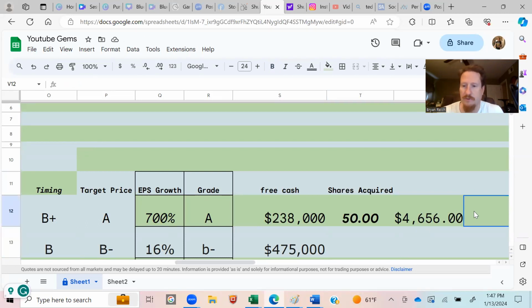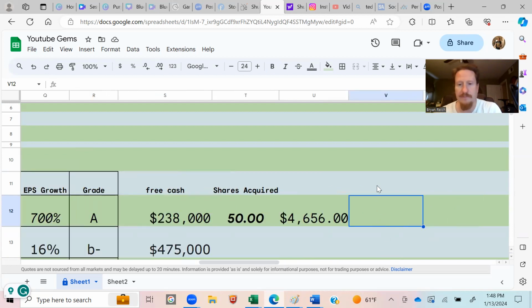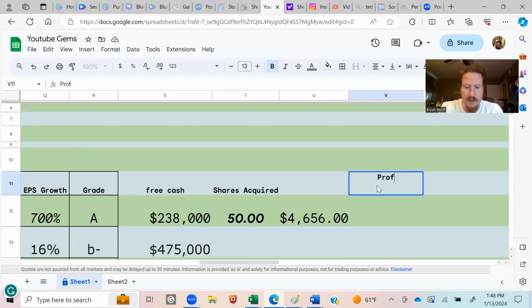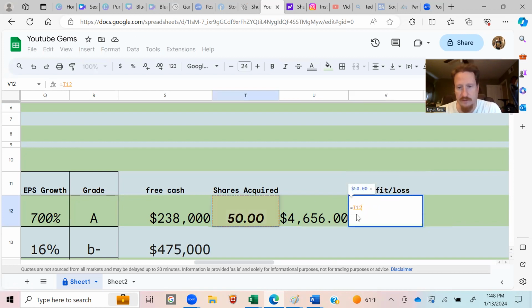And then on this column, we want a profit, right? Profit slash loss. Hate to say that, but just for realism. So basically that will be your 50 shares that you bought, multiplied by the market price.